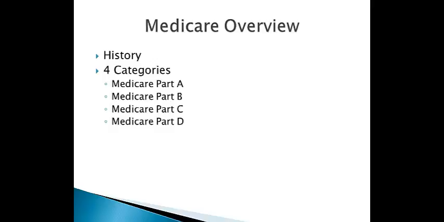Medicare Part C is the Medicare Advantage plans. It's a voluntary managed care portion that is offered by a private company that contracts with Medicare to provide you with all of your Part A and Part B benefits. Medicare Part D is the prescription drug plan.